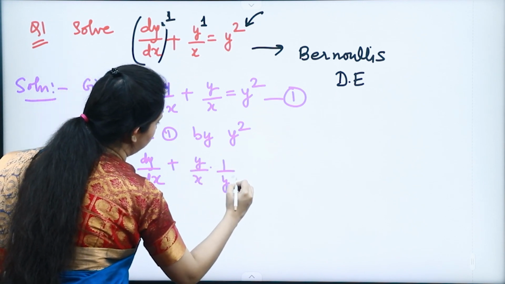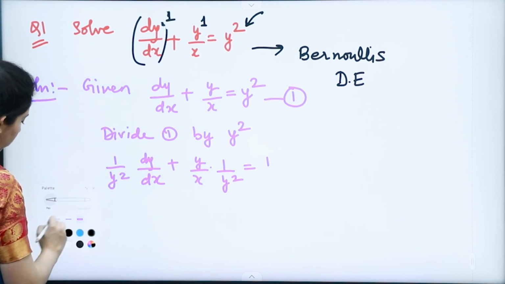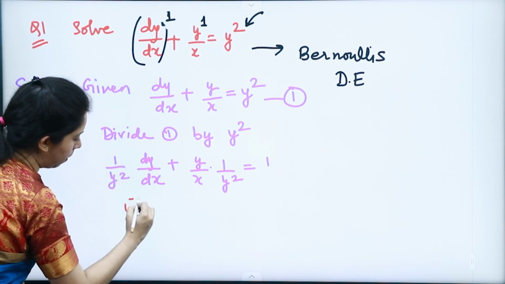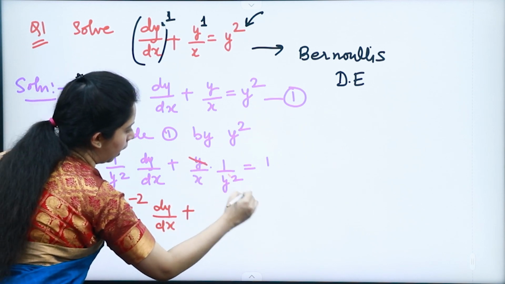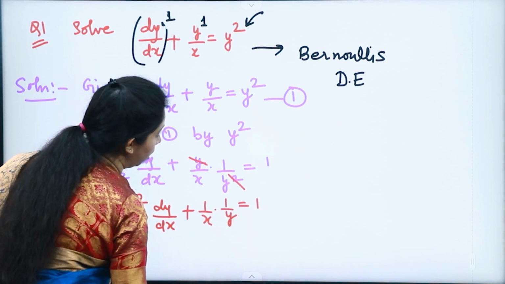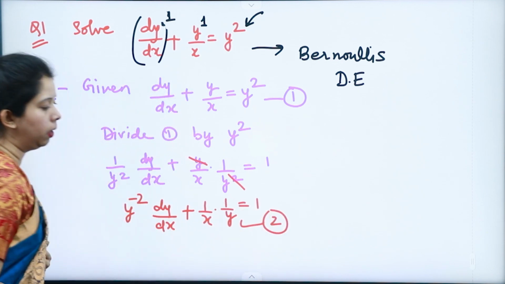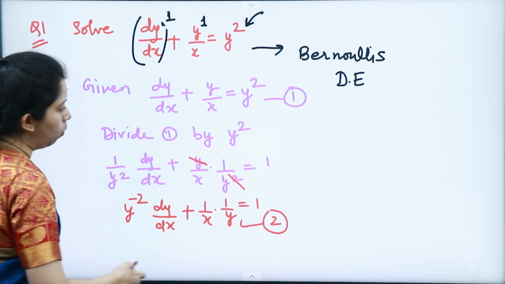We will divide it by 1 upon y square is equal to 1. So next step is we can shift this to the numerator and we will get y raised to the power minus 2 dy over dx plus we will cancel it out, we will get 1 by x into 1 by y is equal to 1. So we can mark this as equation number 2. So this is the very first step, we have divided the equation 1 by y square.